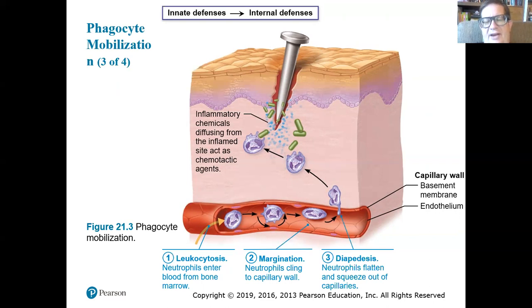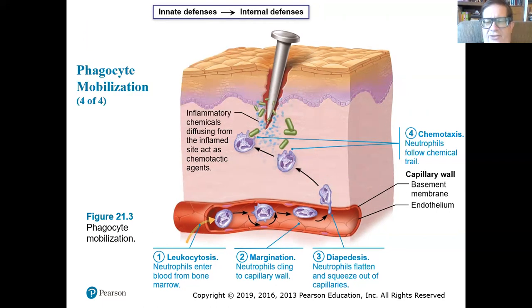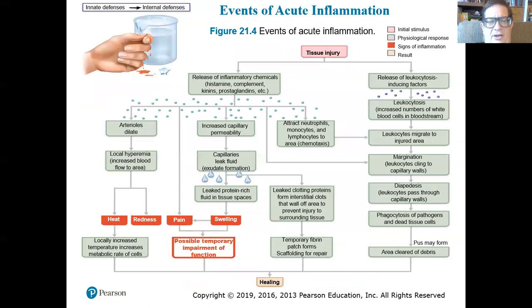Diapedesis, they flatten out and squeeze through clefts between the endothelial cells. Chemotaxis, they follow the smell of the damage, follow chemicals being released from the injured cells, and go to the wound, and there they will discover bacteria that need some whooping.